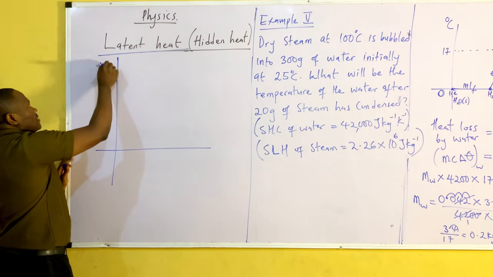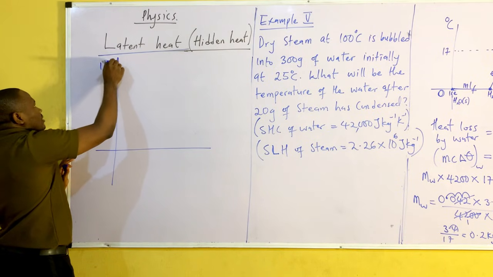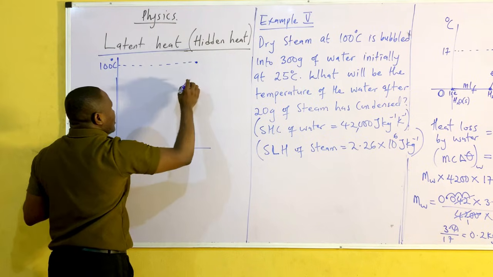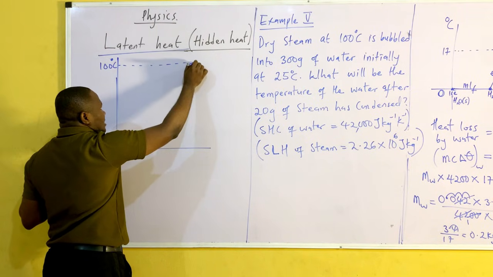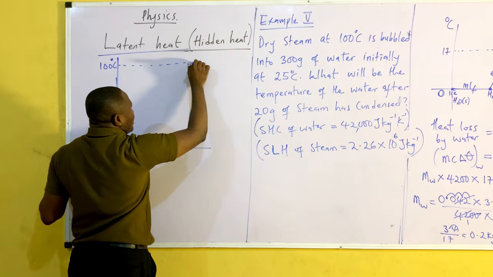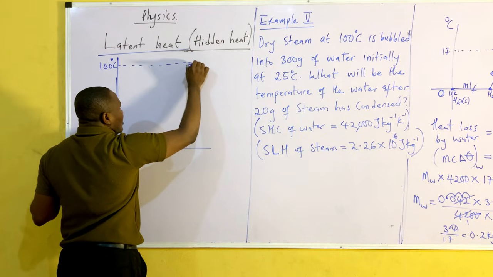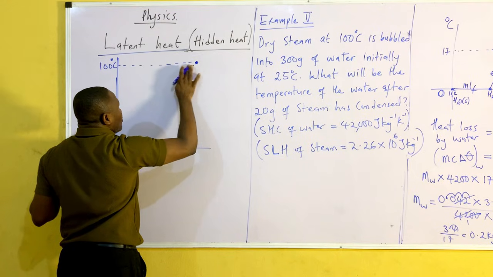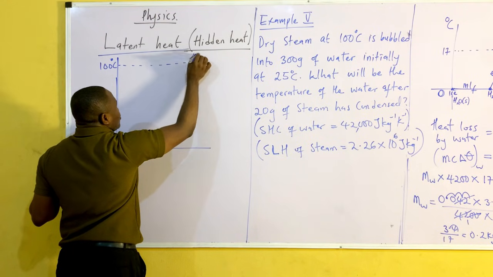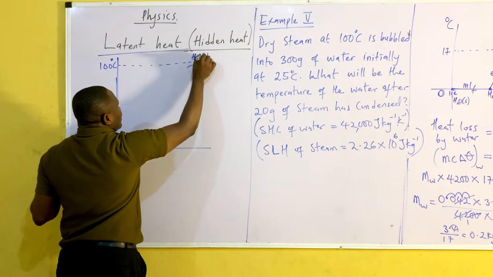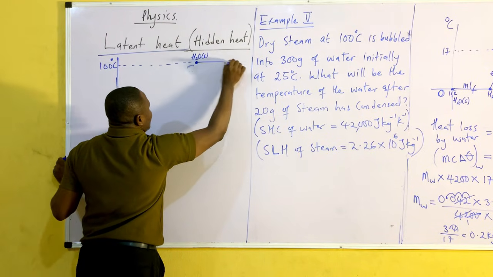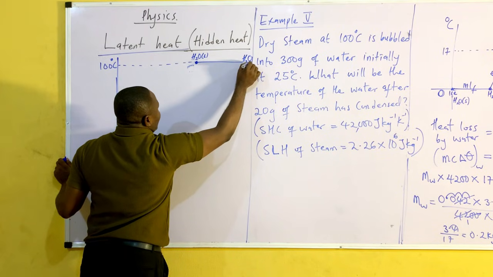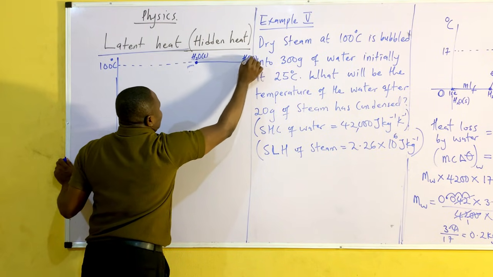At 100 degrees Celsius, water boils. So if this is water, H2O as liquid, then as it goes here, it's still H2O, but now as gas.